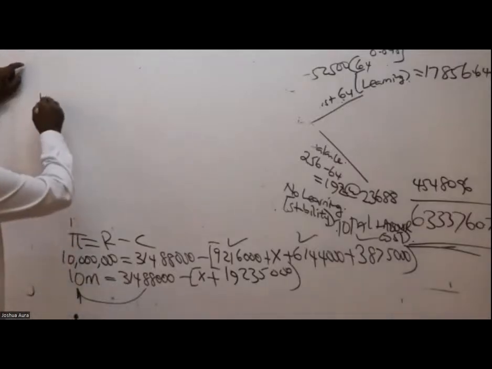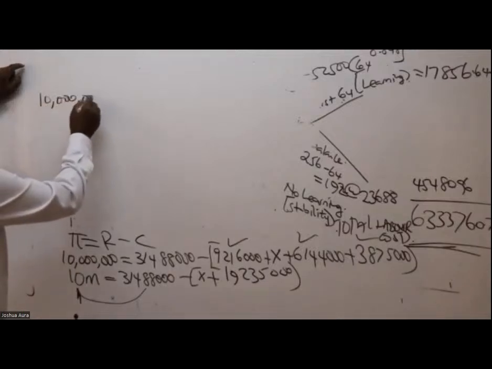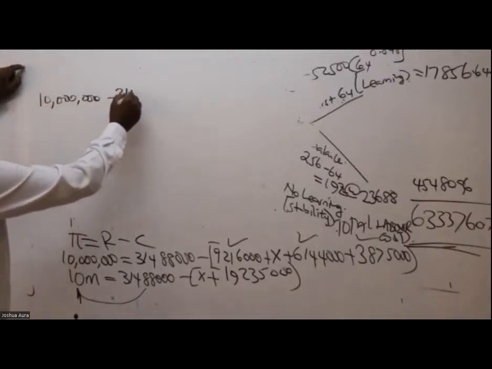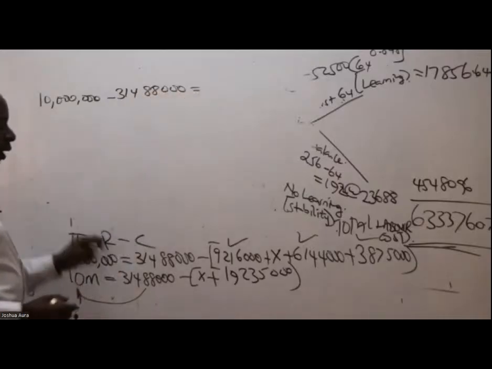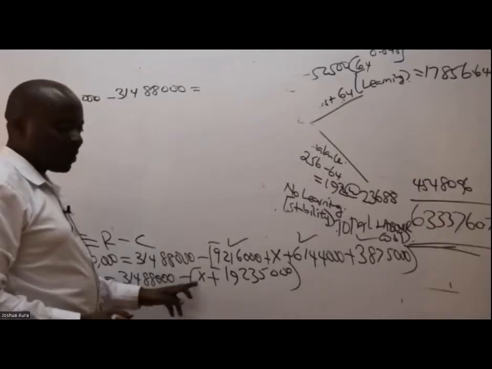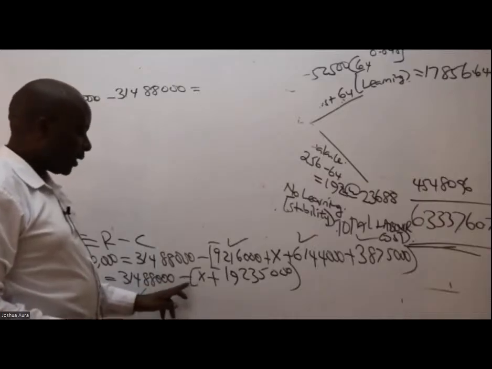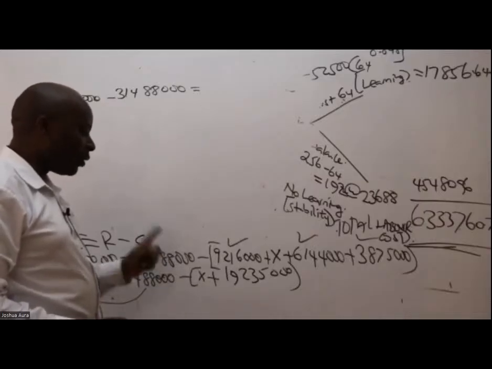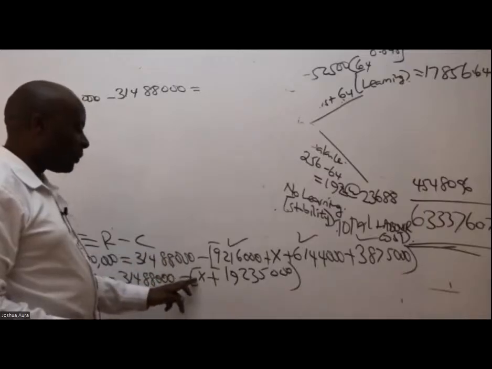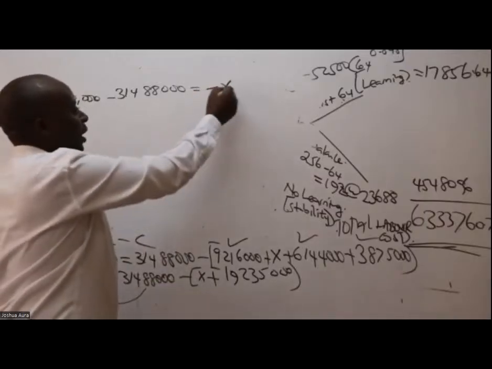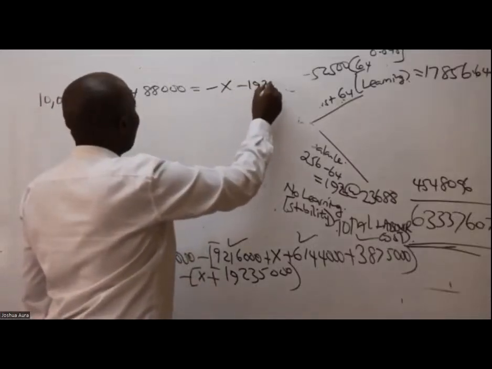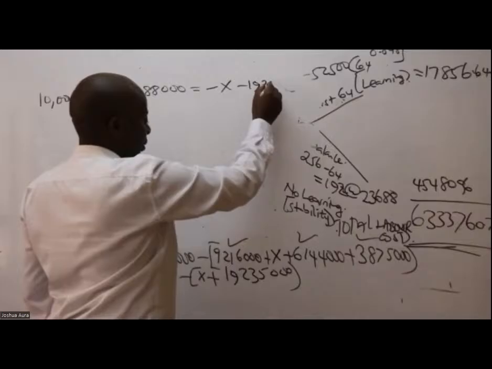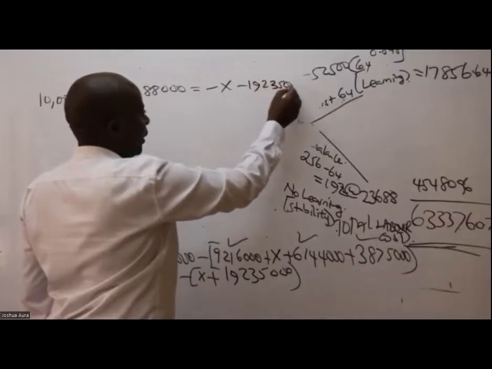So it will be 10 million minus 314,88,000 equals, when I come this side and open brackets, of course, bracket minus, when minus is outside, minus is pepper. If it is outside, it must affect. So it remains minus X, and it will be minus 19,235,000 like that.